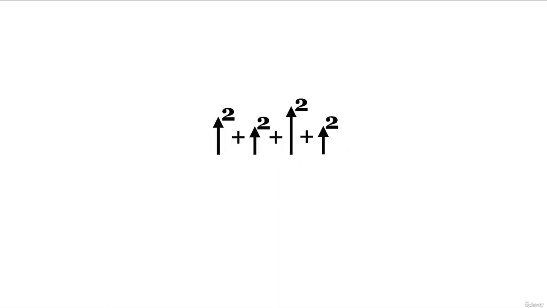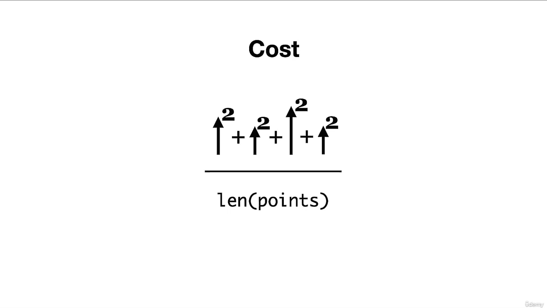The squared errors of all the training samples are summed and divided by the amount of training samples. The result is a single number that tells us how well the network is doing. As you have learned, we call this number the cost.